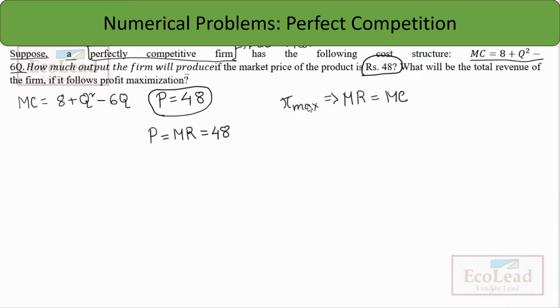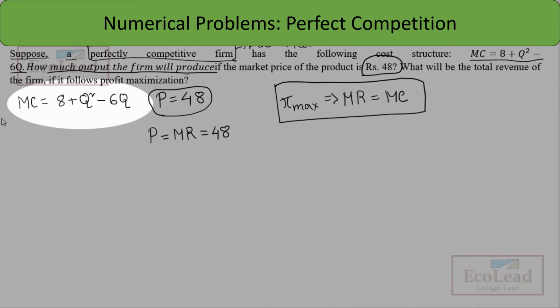So till now we have this information, and what we need to find out is how much output the firm will produce. Definitely the output the firm wants to produce will be the profit maximizing output. So let us solve it from the perspective of profit maximization. Let us look at the marginal cost function, written as 8 plus q square minus 6q.